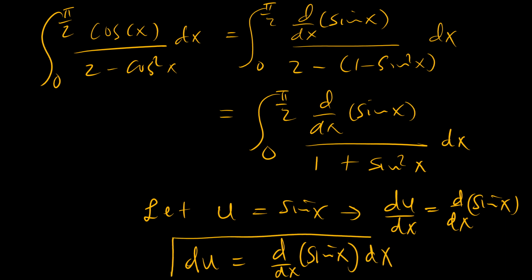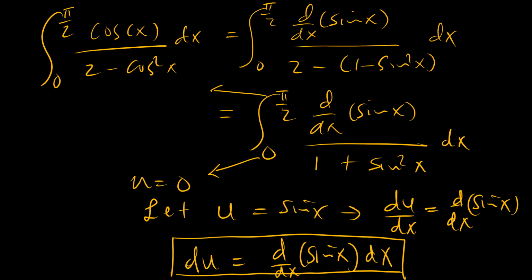So an important expression there. And then we can see when x is 0, sine of 0 is 0, so u would be equal to 0.